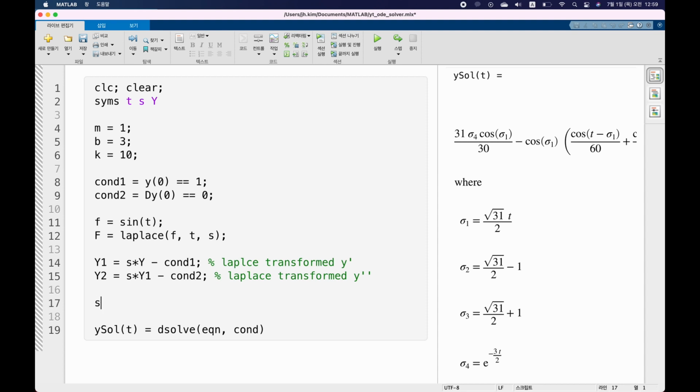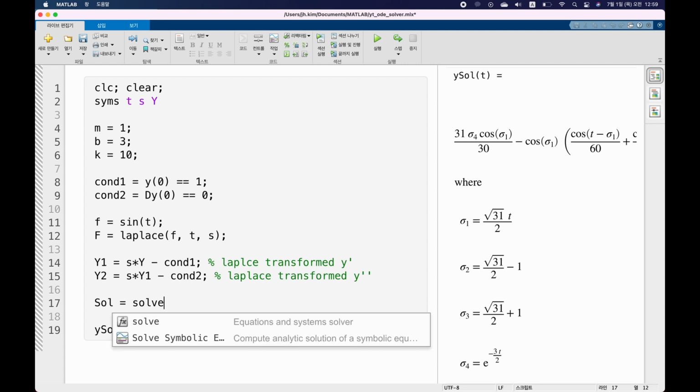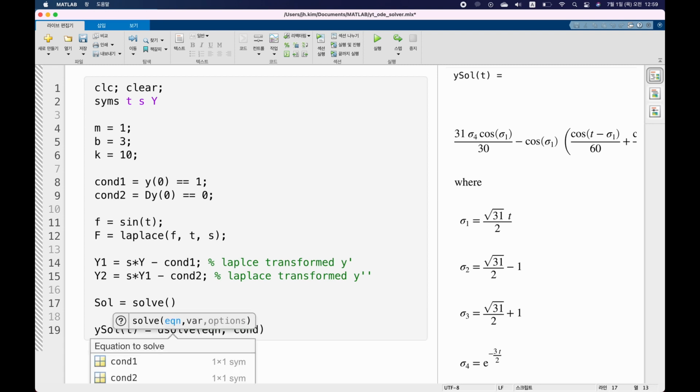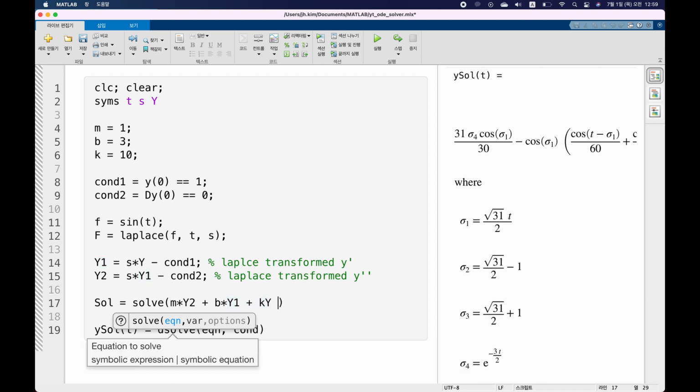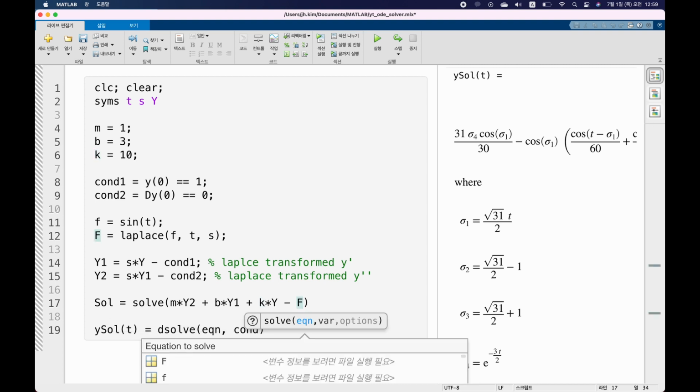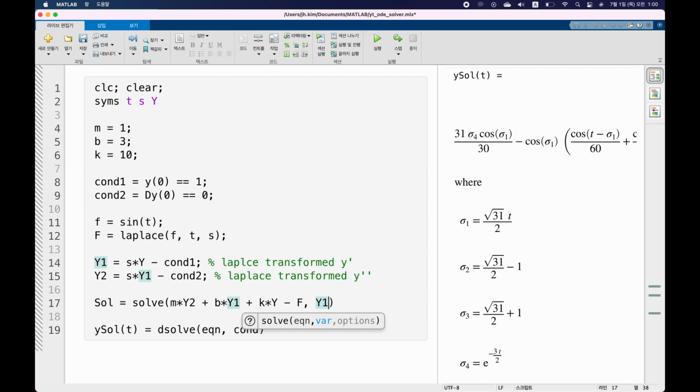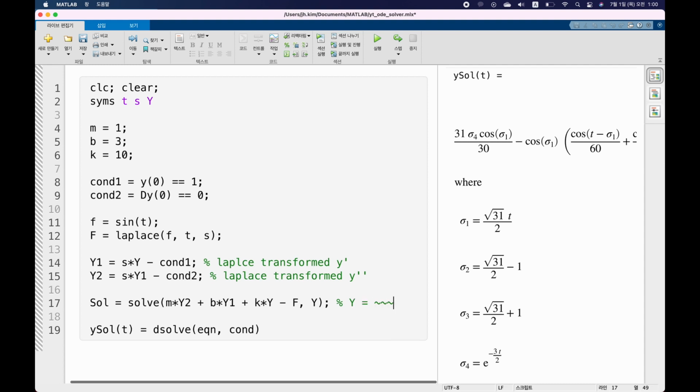And then you should rearrange these equations about Y, right? So solve m times Y2 plus b times Y1 plus k times Y minus F, with respect to Y. This is Y, and so on.